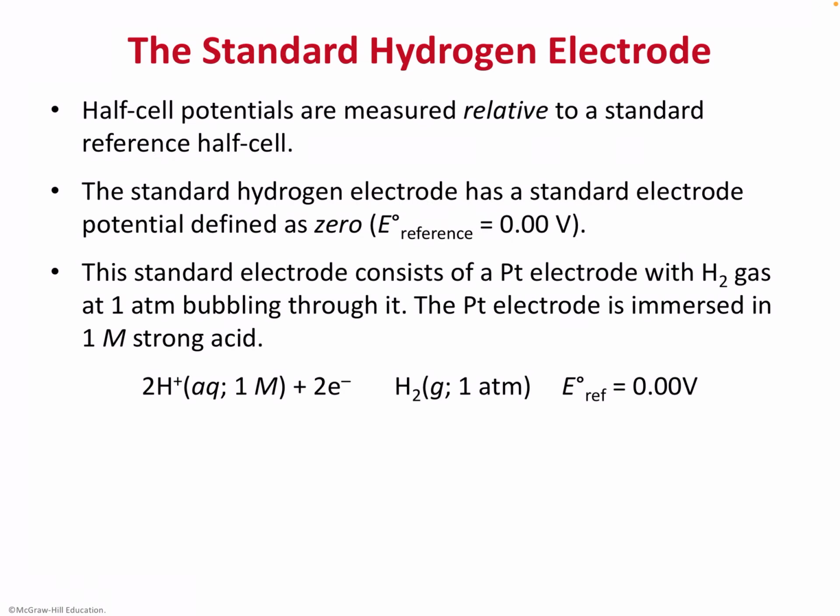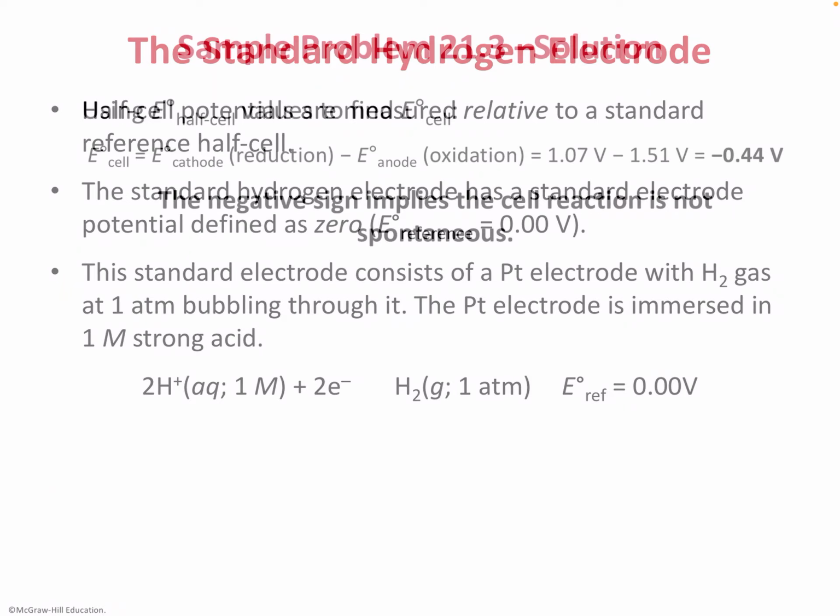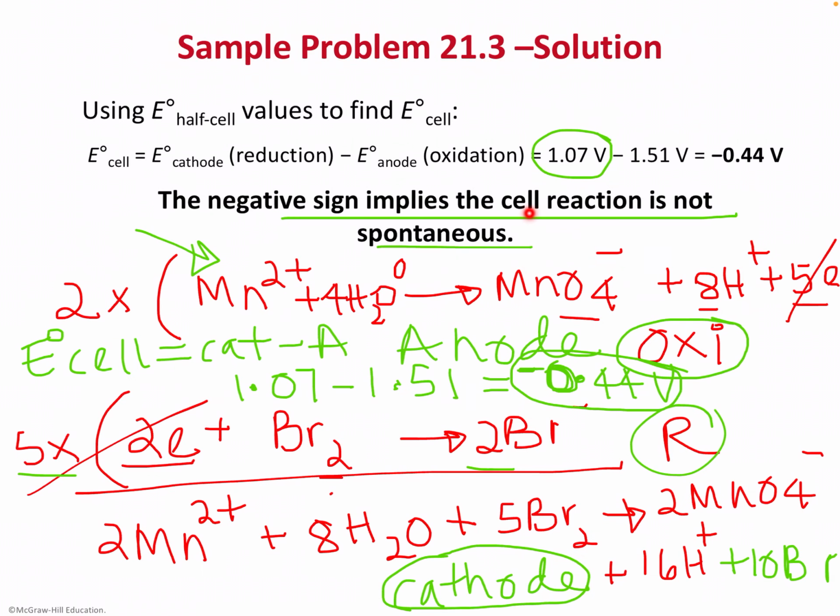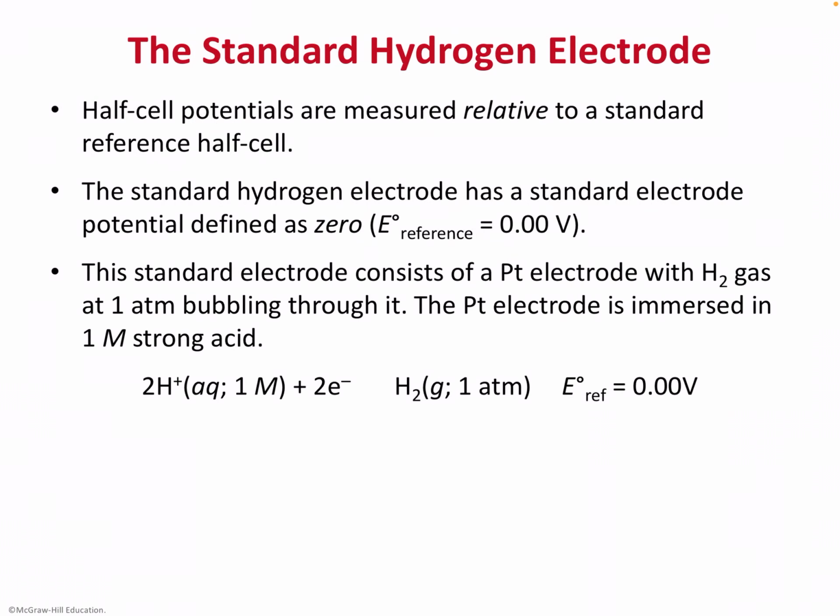Half cell potentials are measured relative to a standard reference half cell. Now you may be wondering, how do you calculate these standard electrode potentials for individual electrodes? You normally do it against the hydrogen electrode. The standard hydrogen electrode is the reference electrode and has a standard electrode potential defined as 0.